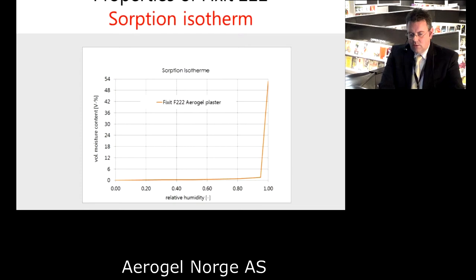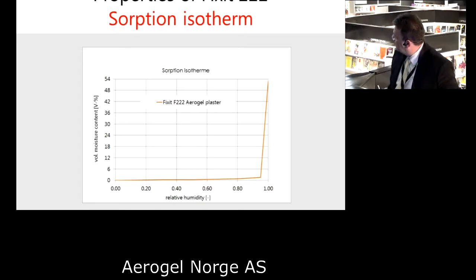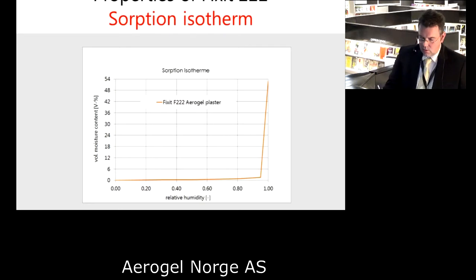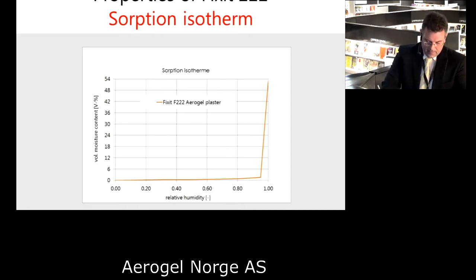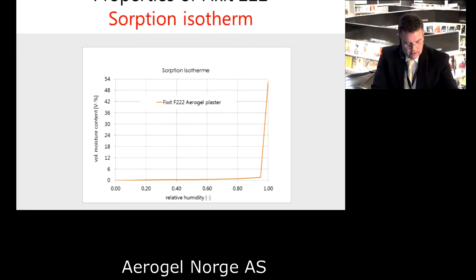This diagram shows the sorption isotherm of the aerogel render. On the x-axis is the relative humidity, and on the y-axis is the volume-based moisture content. And we can see that until a relative humidity of 95%, the volume-based moisture content is very low.